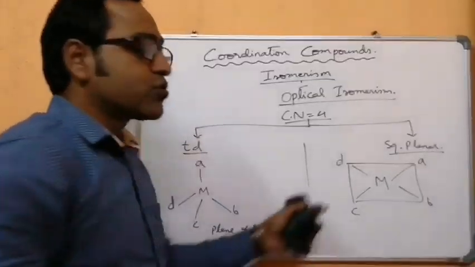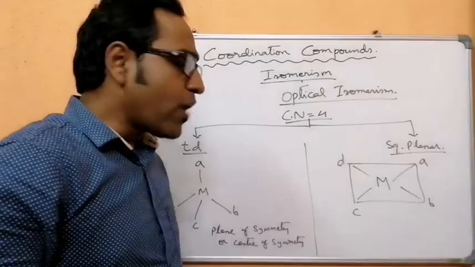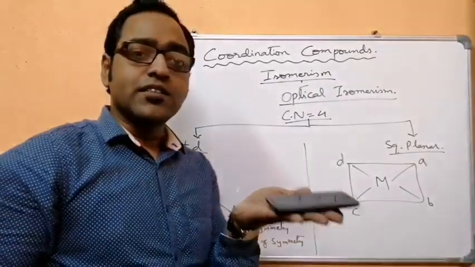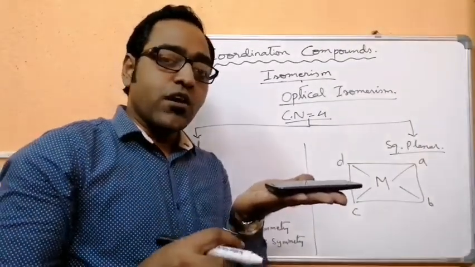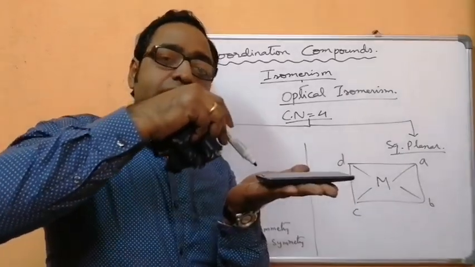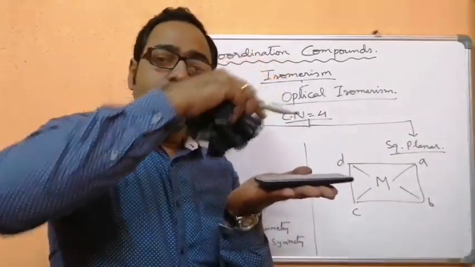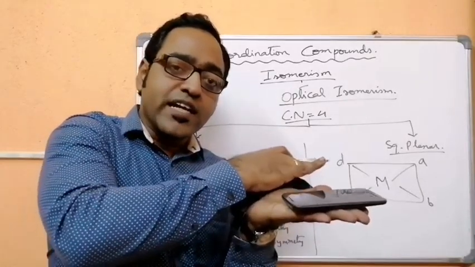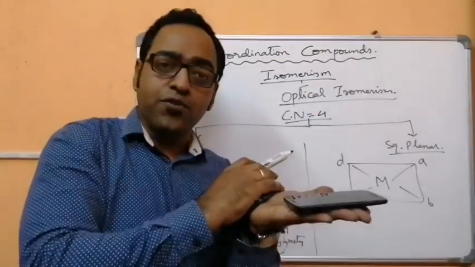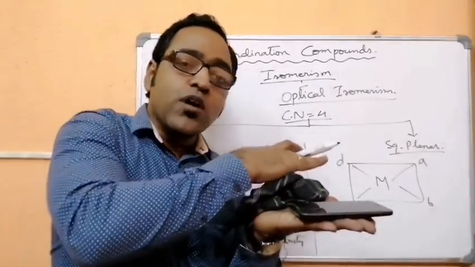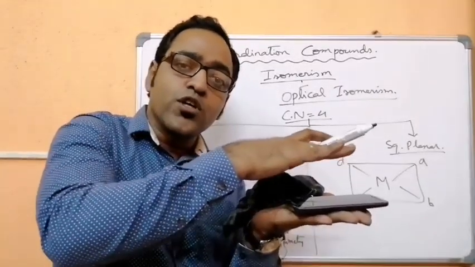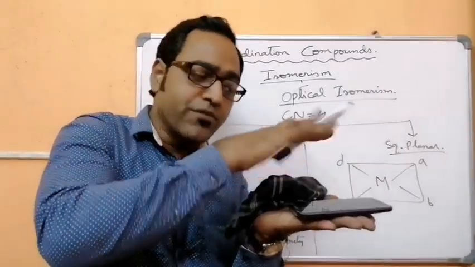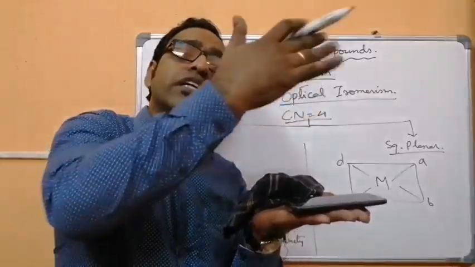Now this square planar compound is just like this mobile phone. Now the 4 ligands are present at the 4 corners. Now if you want to slice it, then the 4 ligands will get sliced into 2 equal halves, and that means you are passing a plane through the molecule which divides the molecule into 2 equal halves.